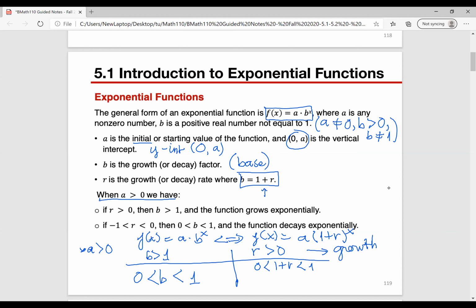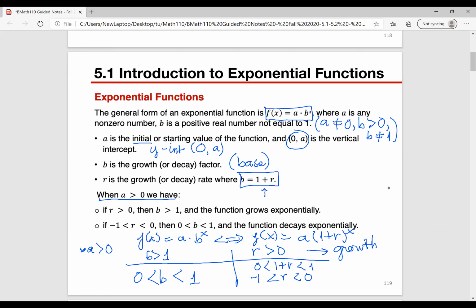And then if I subtract 1 from each term in the inequality, I will have r greater than -1 and less than 0, right?